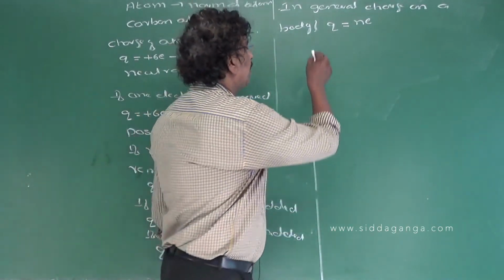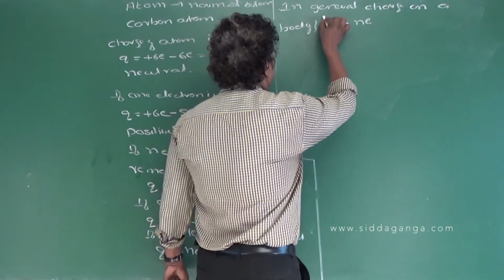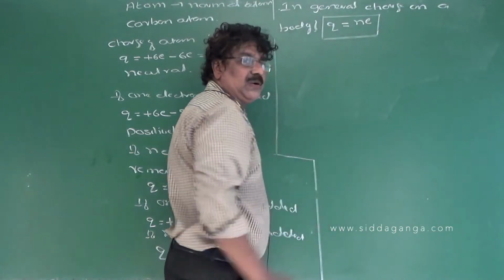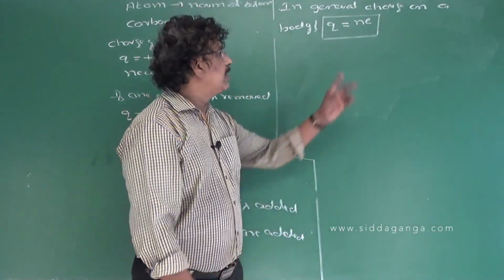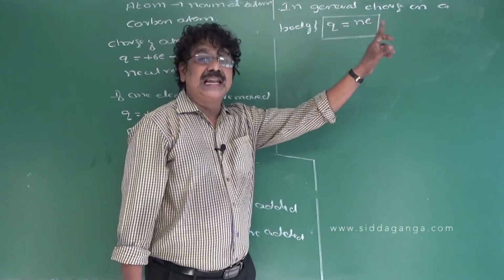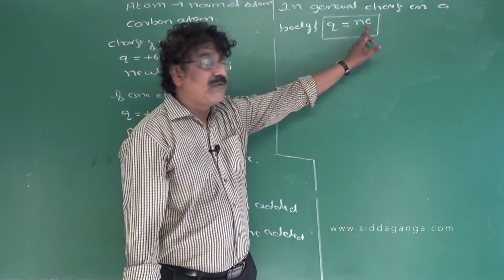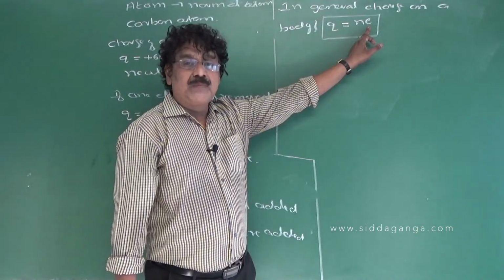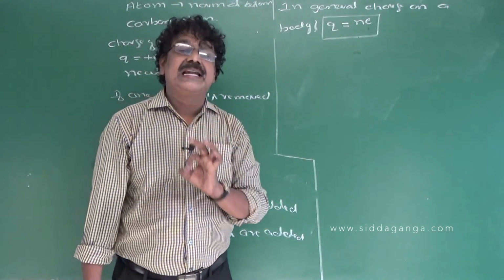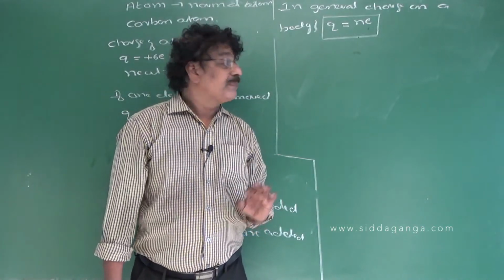It is one of the important equations. Q is equal to Ne, the charge on a body is equal to an integral multiple of the electronic charge, where you know the value of E, 1.6 into 10 raised to the power of minus 19 coulomb, right.